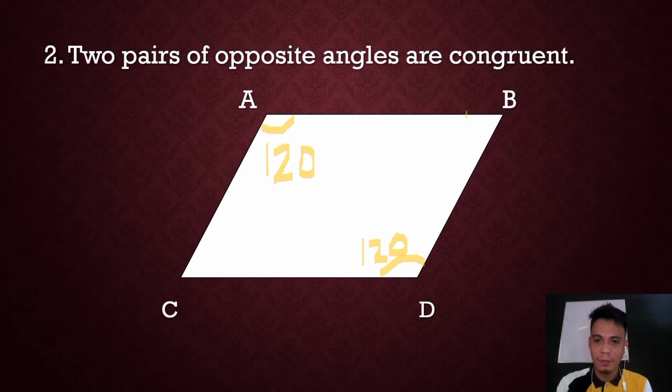And the other one, example, the angle B given is 60 degrees. Ayan. So definitely our angle C there, which is the opposite of angle B, is also 60 degrees.